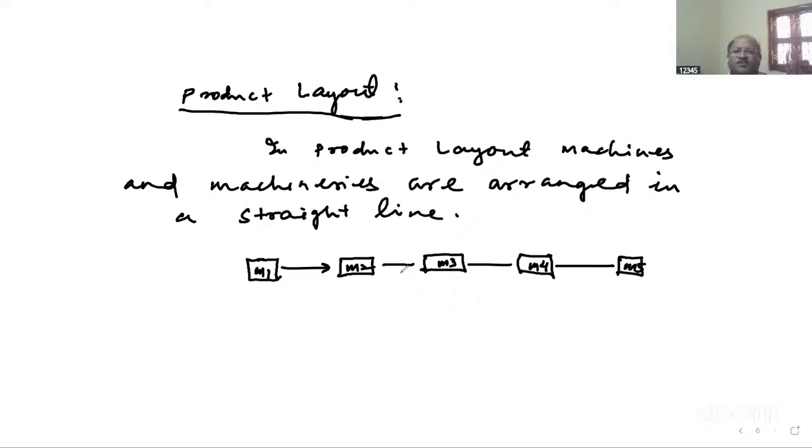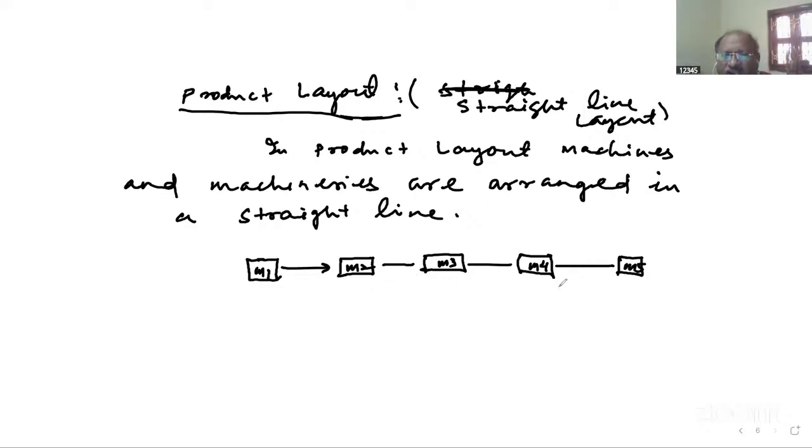So this is also otherwise called the straight line layout, right? Machines and machineries are arranged in a straight line.